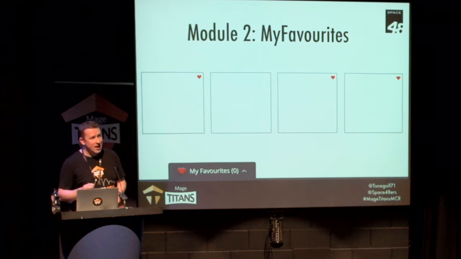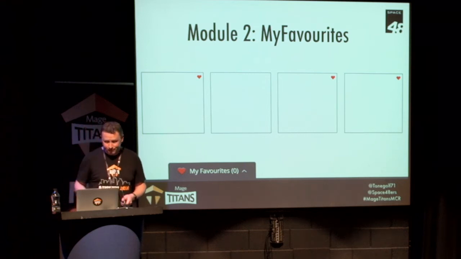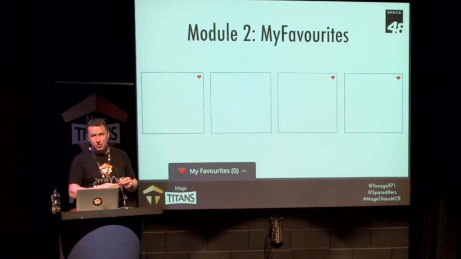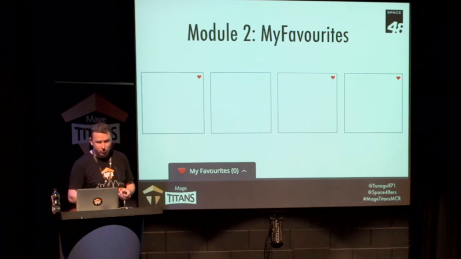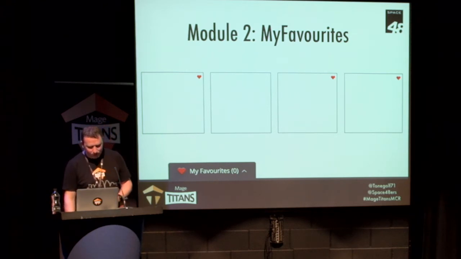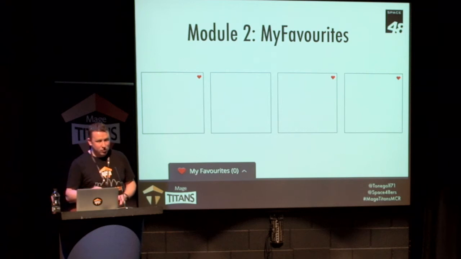However, as soon as they add a favourite or remove one, then that block becomes custom to them. It's actually saved in the full page cache as a custom container just for them. And that's how it does it with the basket. And that's handled via a unique cookie that's generated to sort of tally all this together. So if someone then adds or removes, it will invalidate that block.